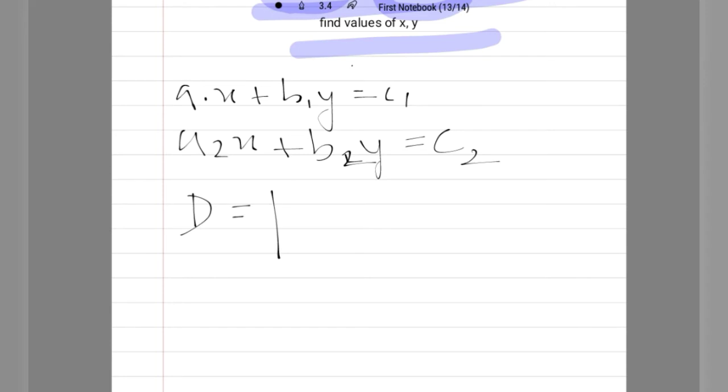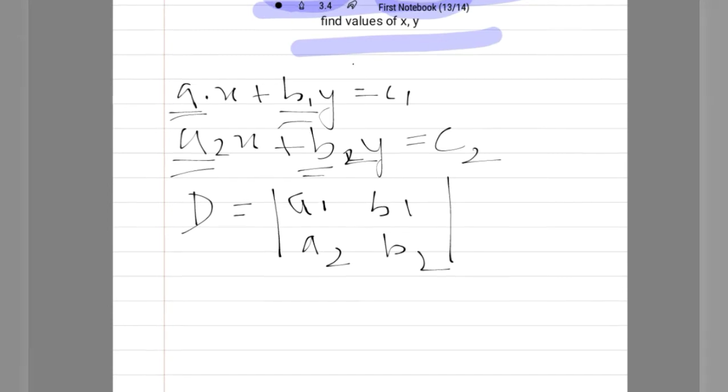For writing the determinant d, just put the coefficients of x and y: in the first column put a1 and a2, and in the second column b1 and b2. We just write the coefficients of x and y. That is for d, the generalized term d.